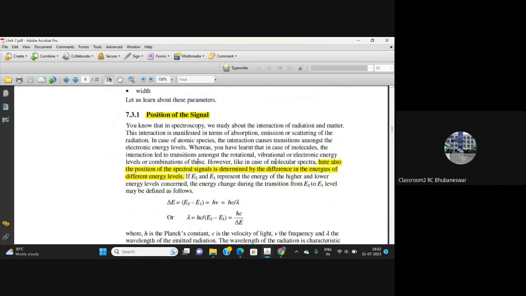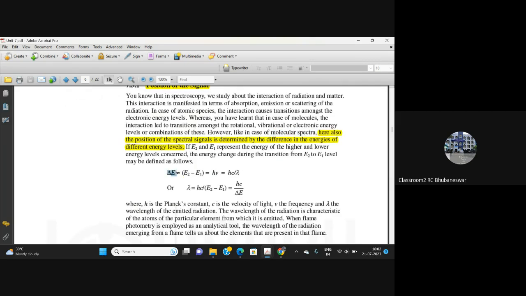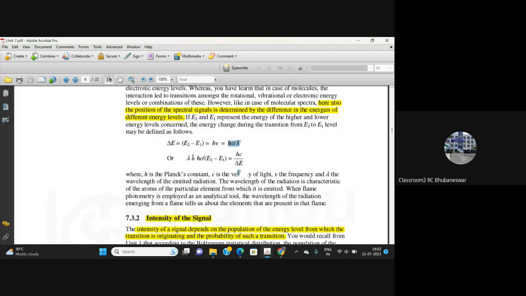So like in molecular spectra, here also the position of the spectral signals is determined by the difference in the energies of the different energy levels. Here also you have delta E equal to h nu, that is hc by lambda. So lambda has a certain value.